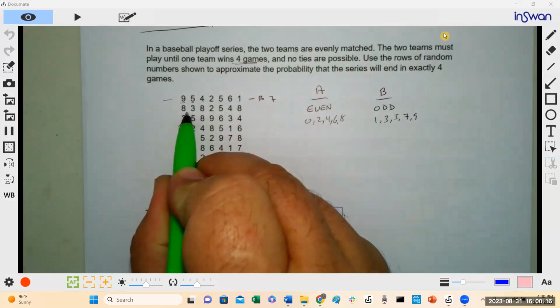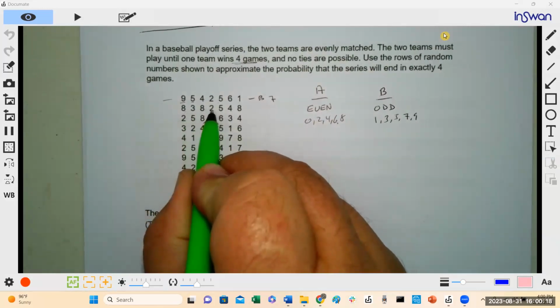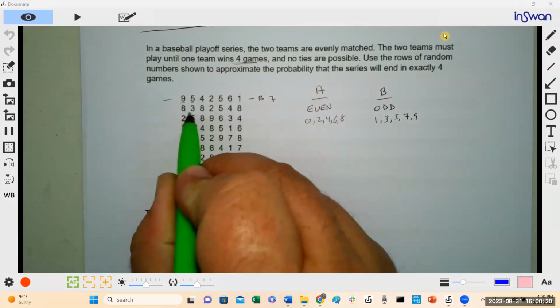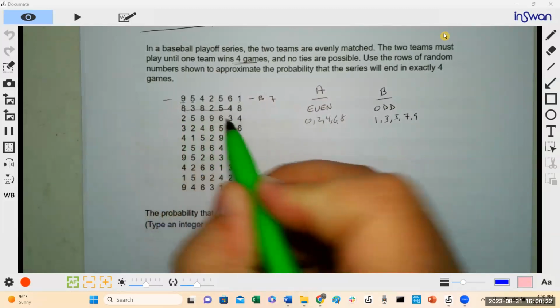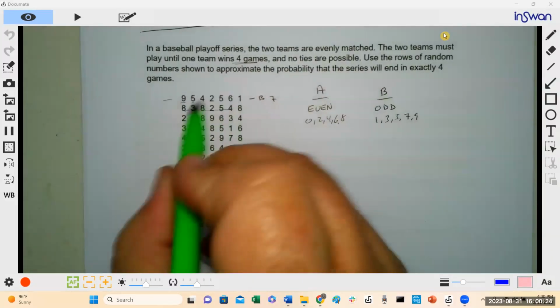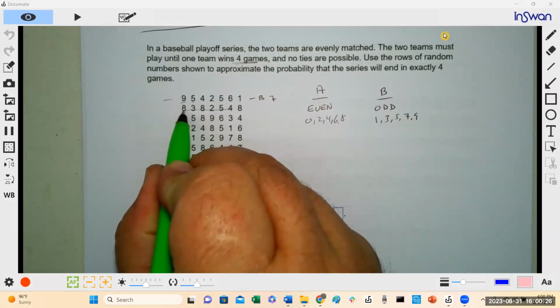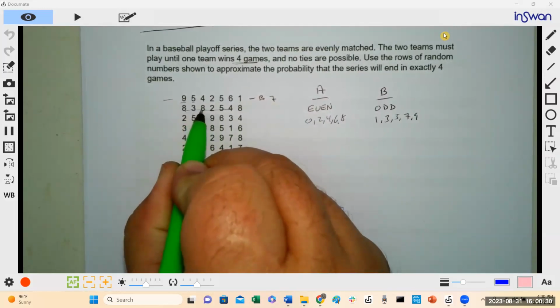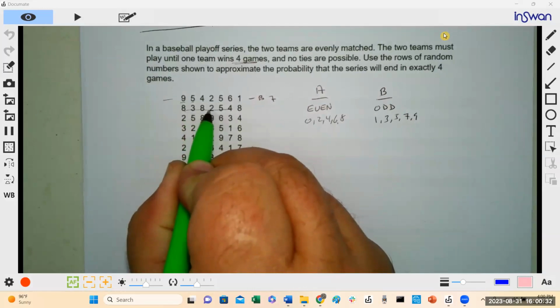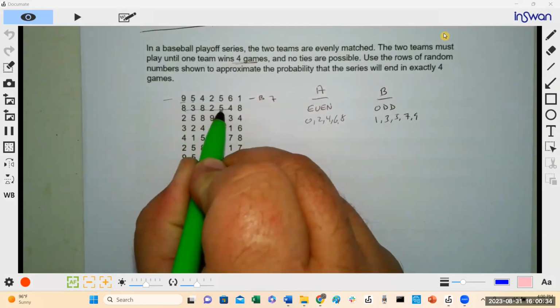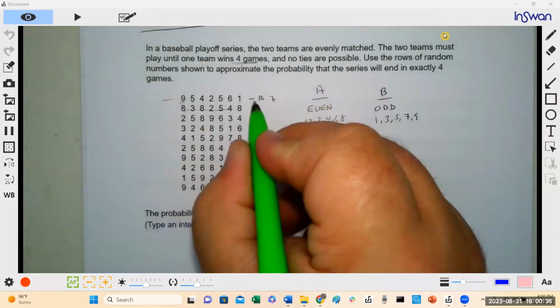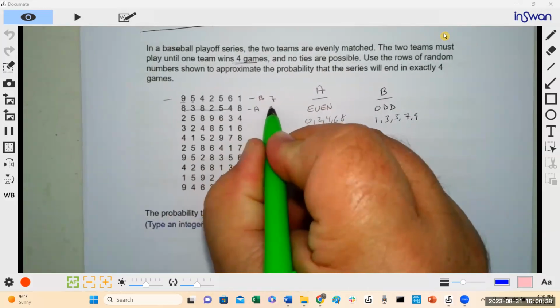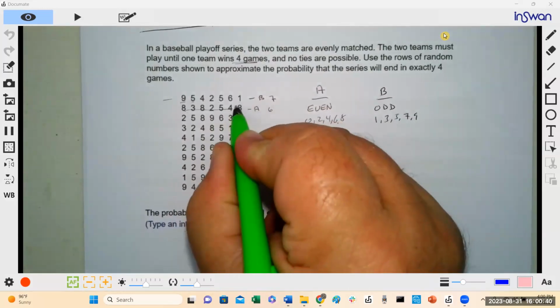Okay, we have 8, 8, 8, 8, 8, 2, 4. Whichever odd or even gets 4 of them first out of this list wins. So it's even, odd. That's 2 evens, 1 odd, 3 evens, 2 odds, 4 evens. So Team A wins this one in 6 games.